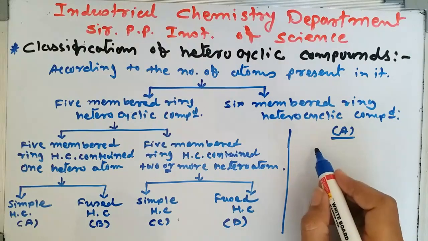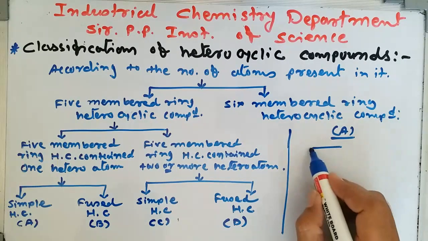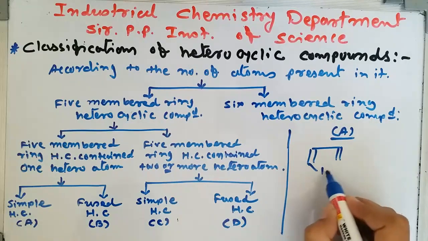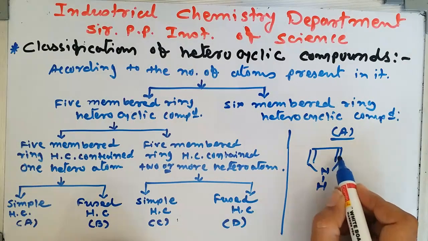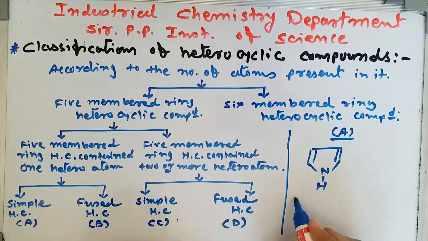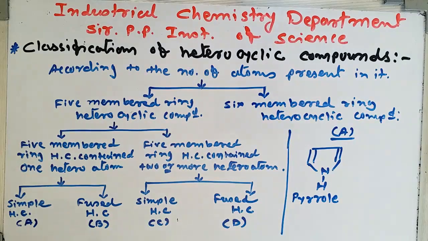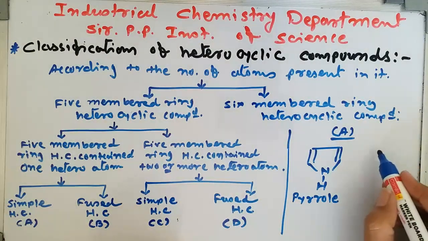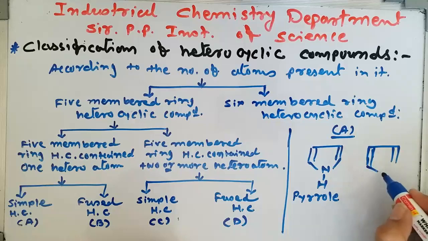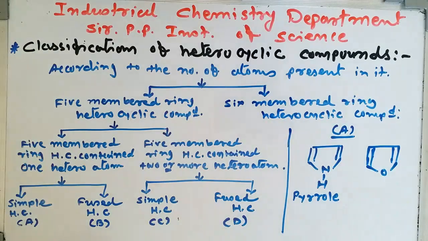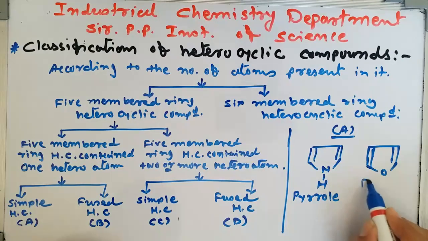As for example, we see a five-member ring, one heteroatom, only one heteroatom. Nitrogen is only here, so its name is pyrrole. We see the second structure. Here only one heteroatom, oxygen, so it is known as furan.